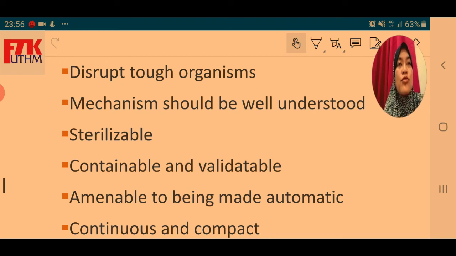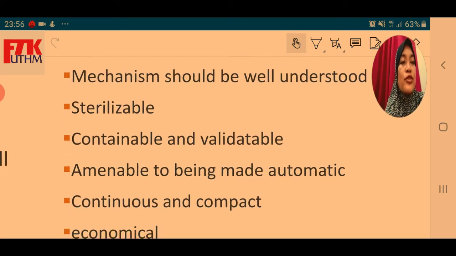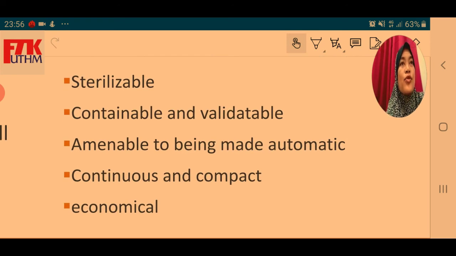If we include some control measures, QA, QC, it is validatable, and it is amenable to being made automatic for the ease of process.